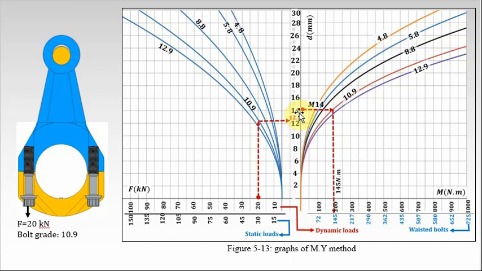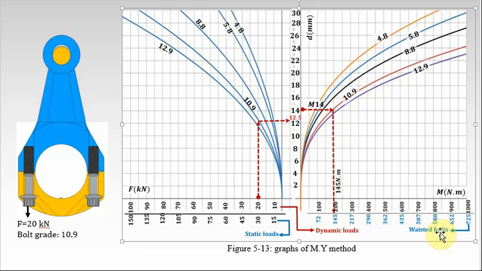Now we have to find the tightening torque. To find the tightening torque, from the vertical axis select M14 or 14, go to the right to intersect the curve of 10.9, and go down to find the tightening torque. The upper horizontal axis is for shank bolts, and the lower is for waisted bolts.